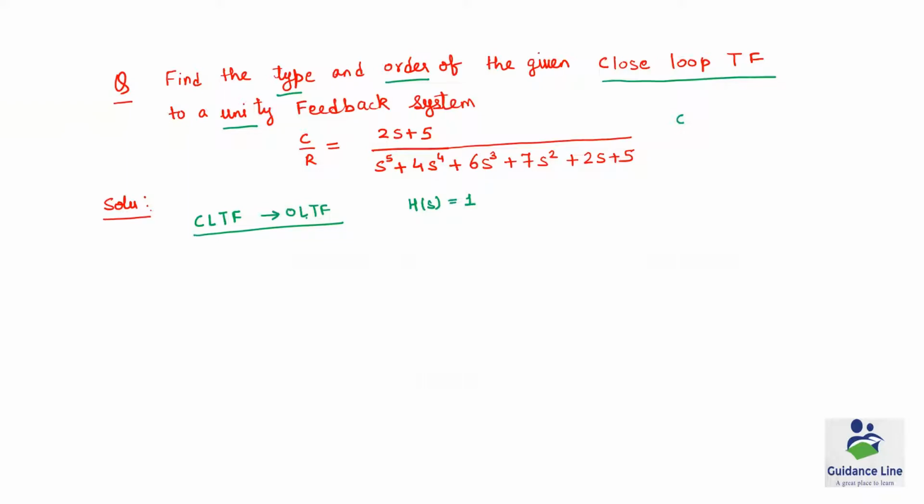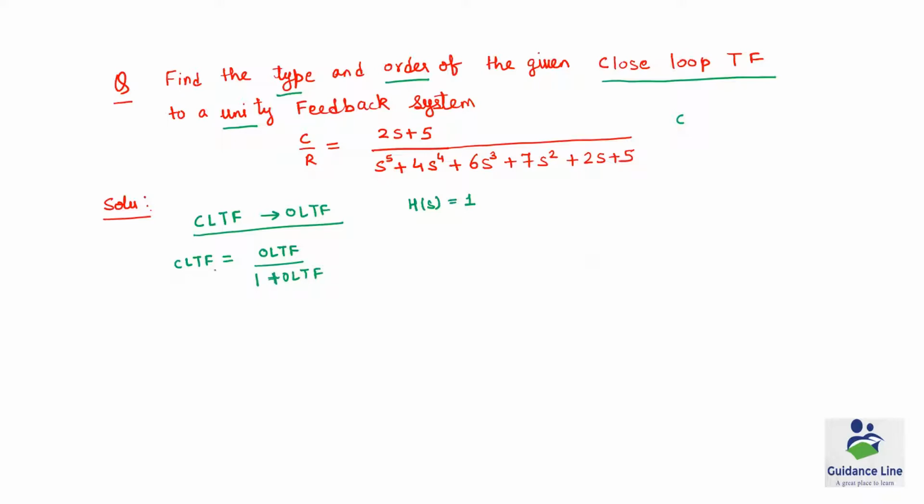And previously we have seen one expression in which CLTF equals OLTF over 1 plus OLTF. Since nothing is mentioned here about whether it is positive or negative feedback, by default we consider negative feedback, and for negative feedback we have a positive sign here.